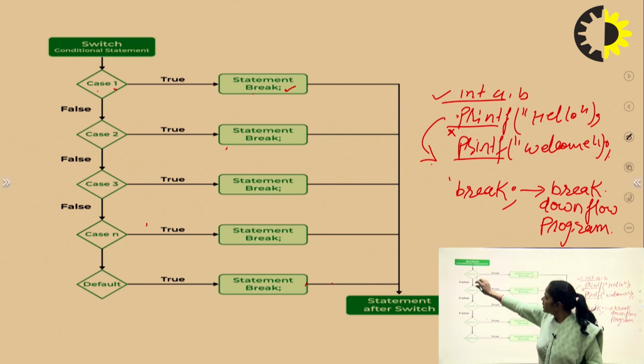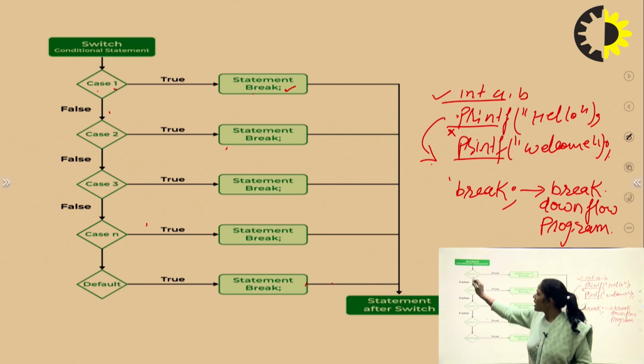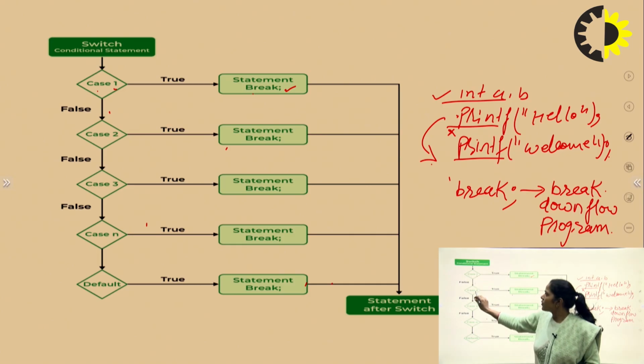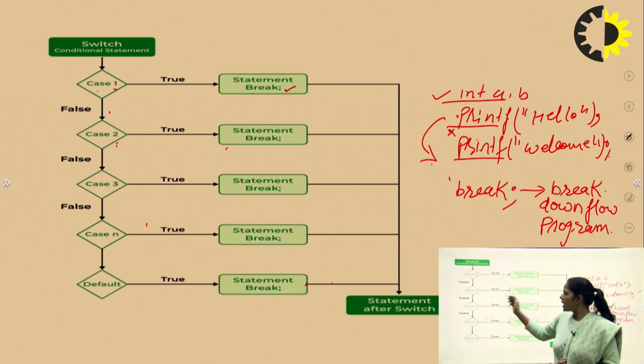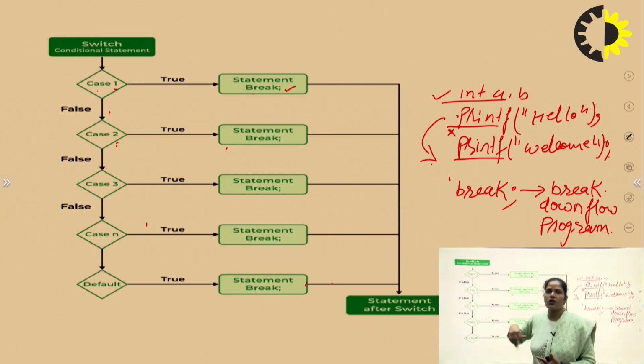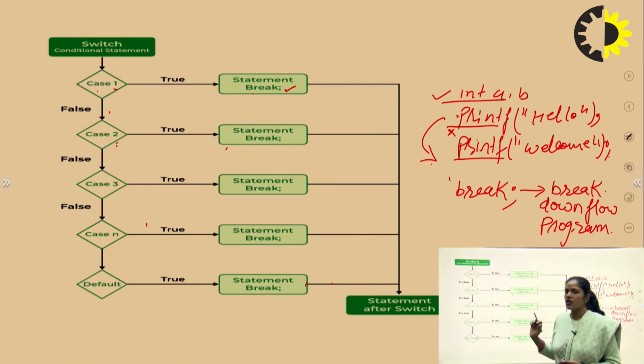If my selection does not match case 1, then the program will go on to the next case. Again we compare and check whether the selection input matches case 2. If it matches, then we execute the statement. If it is not matching, then we go on to the next case of the program.